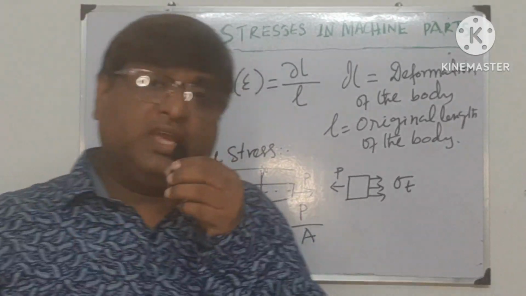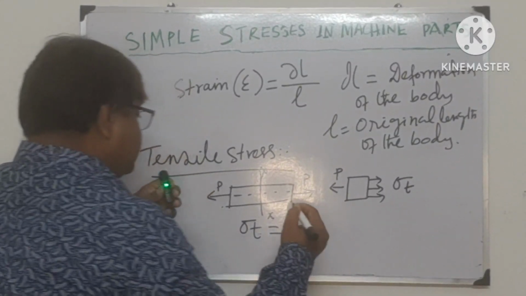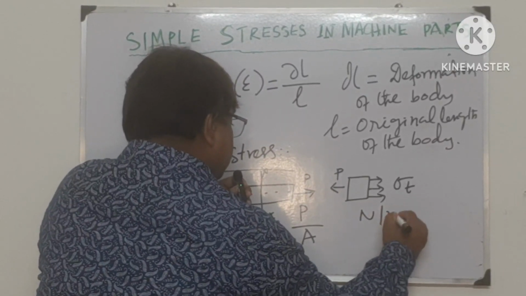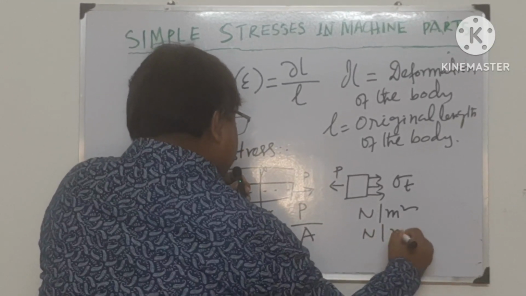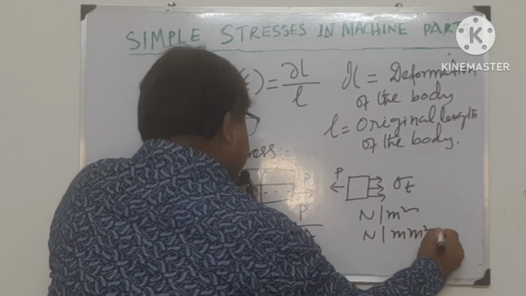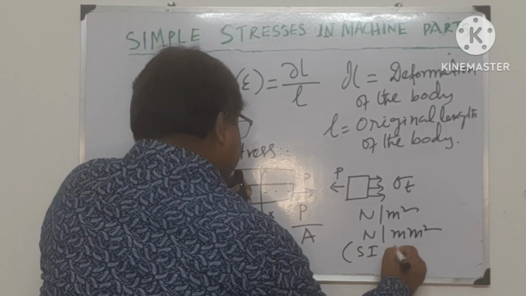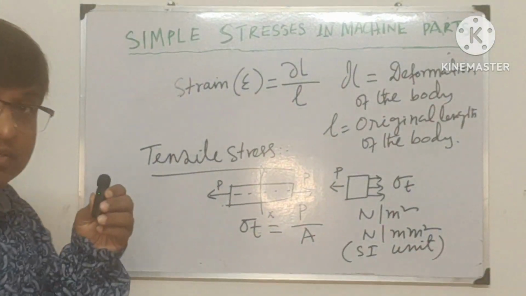The SI unit of tensile stress is Newton per meter square or Newton per millimeter square.